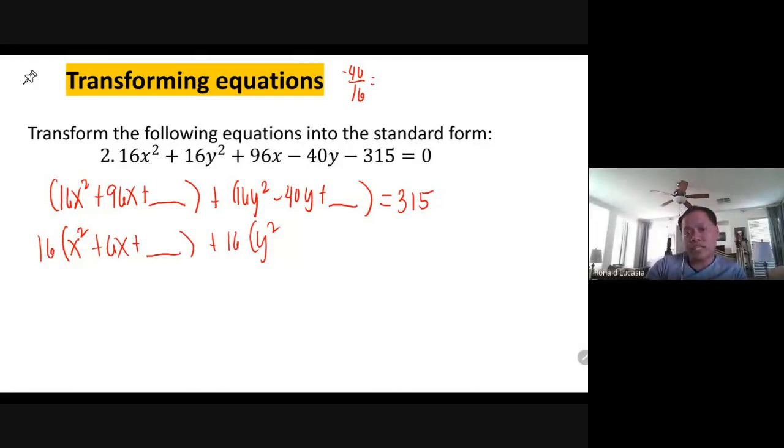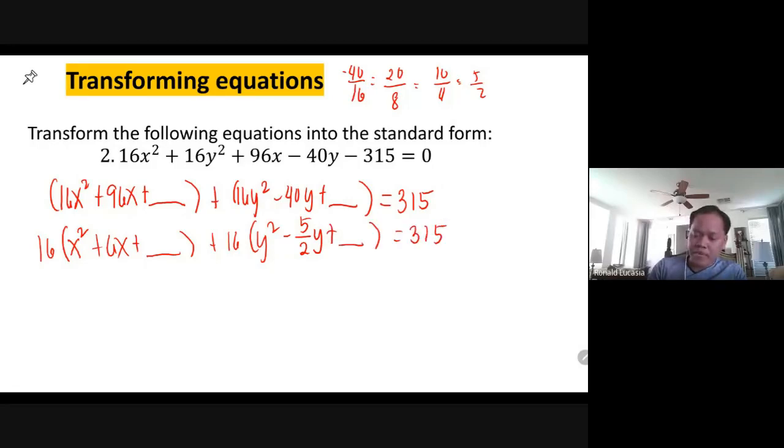Basically, 40 is not a multiple of 16, so you'll have to express this one in lowest term. So we have 10 over 4, so 5 over 2. So this is negative 5 over 2y. Okay? Plus a certain number is equal to 315. So we're done with step number 1, to make the numerical coefficient of a equal to 1.